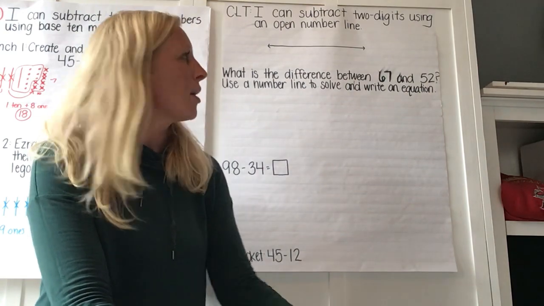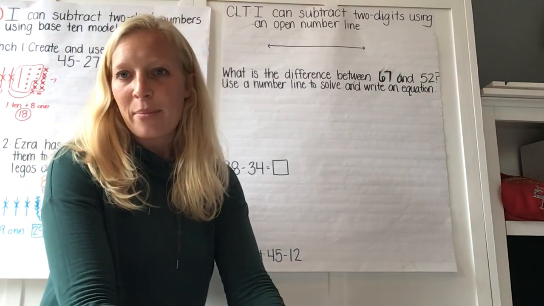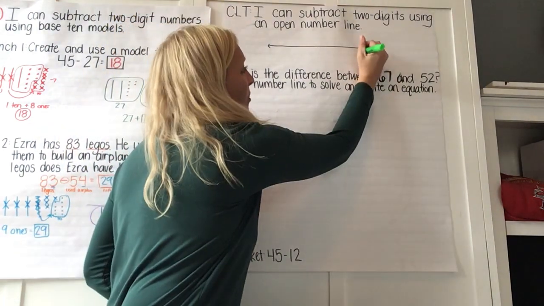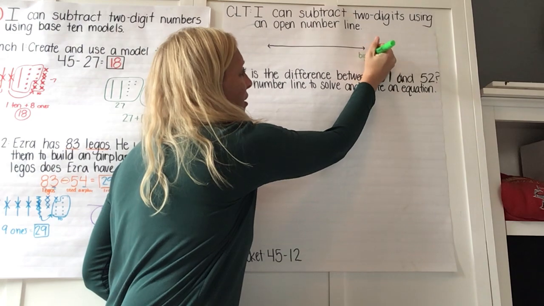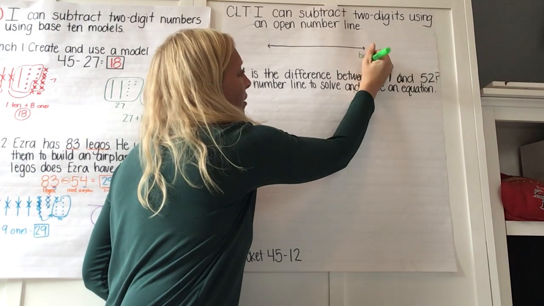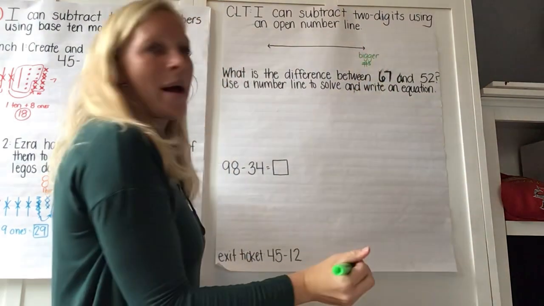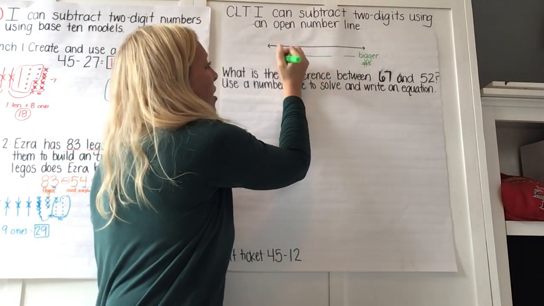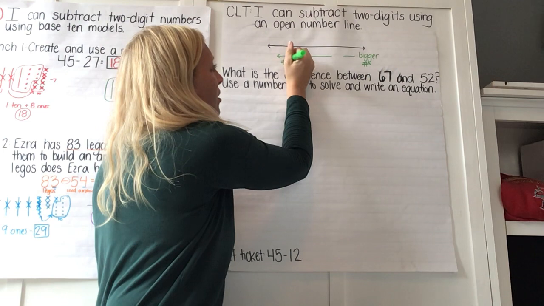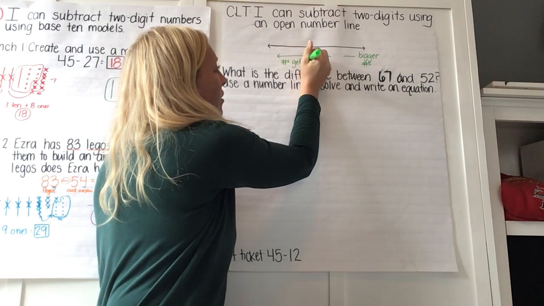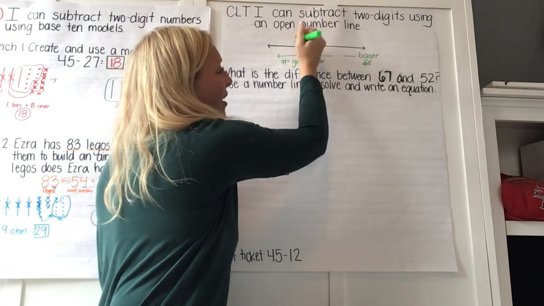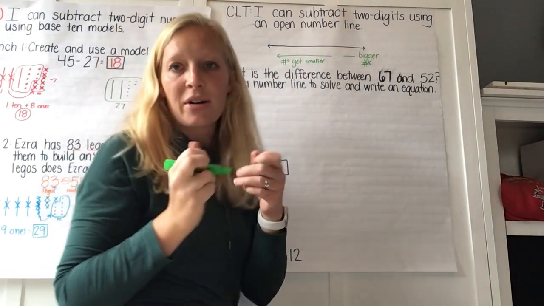Where do our bigger numbers go on an open number line? Just like any other number line, right? So our bigger numbers are going here. And then what? Yes, as we go this way, our numbers get smaller. So as we make jumps back, we are going to smaller numbers.